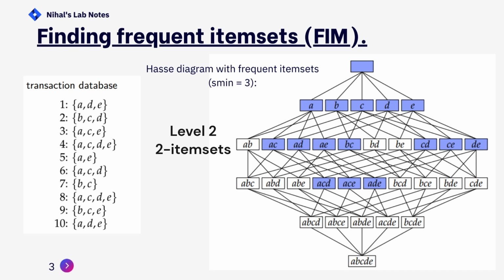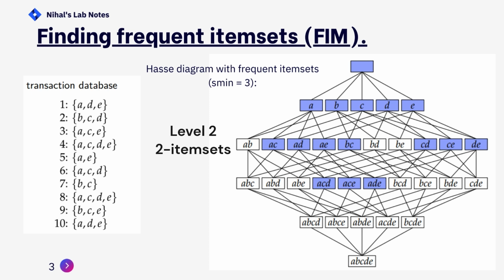B with C, then B with D, then B with I. All the possibilities that we can have from one-item sets. In the second level, we are also going to calculate the support of each item set: AB, for example, and AC and AD, for each of them.